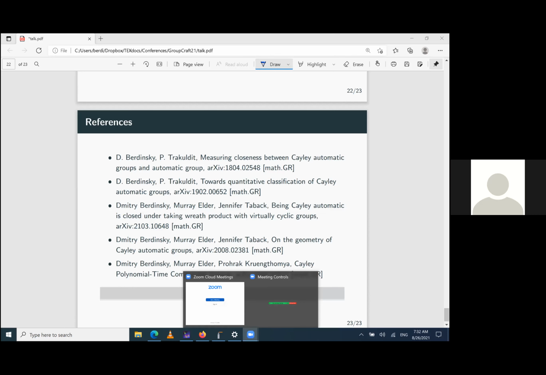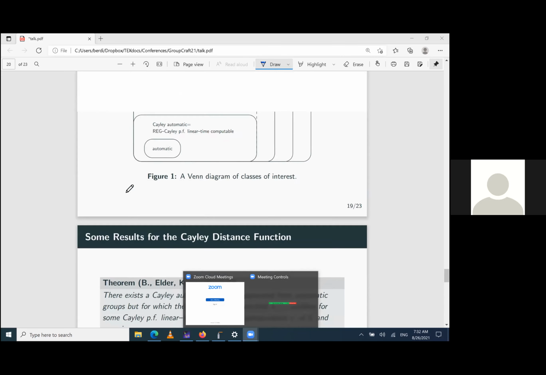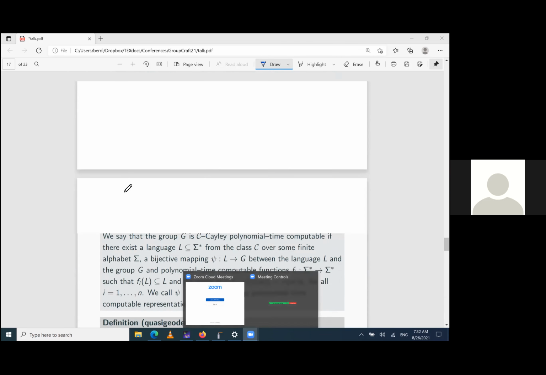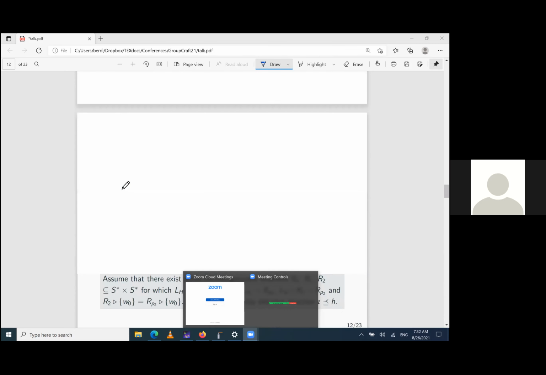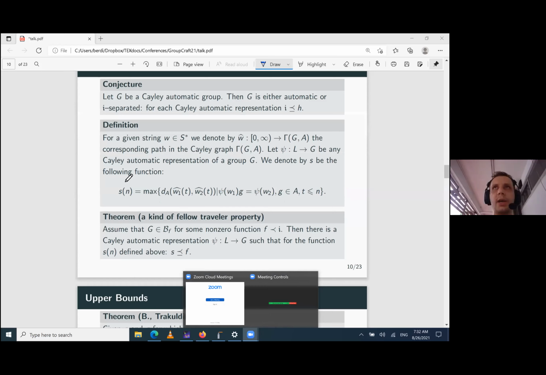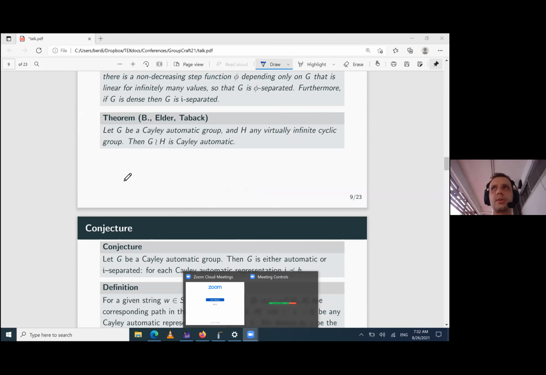I actually have a stupid question. I'm just wondering, there's this notion of asynchronously automatic as well. What is the difference between this and Cayley automatic? In the case of Cayley automatic, it is synchronous. So the automaton must be synchronous.